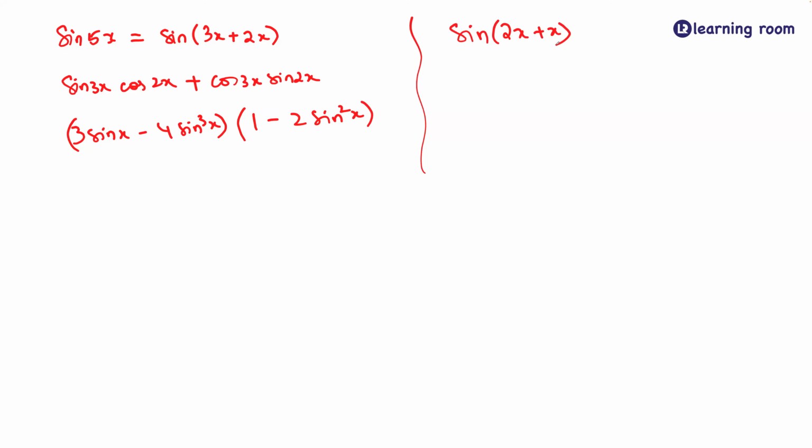Sin 3x, what is the formula? 3 sin x minus 4 sin cube x. But how did we derive it? Like this only. It is going to be sin 2x cos x plus cos 2x sin x. At this place, didn't I tell you that you should write 1 minus 2 sin square x? Use the same logic here.